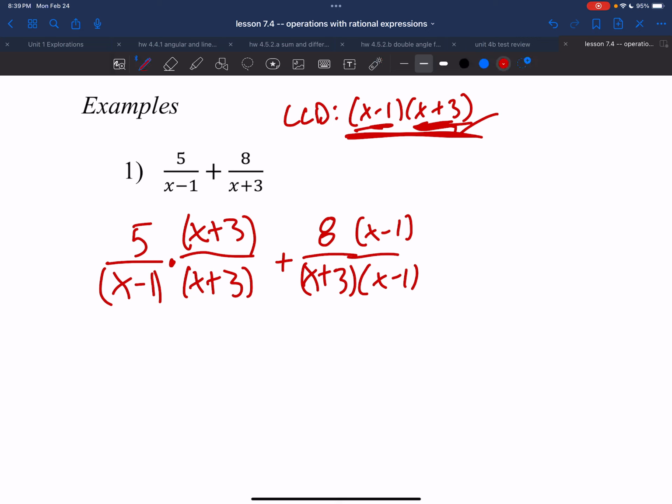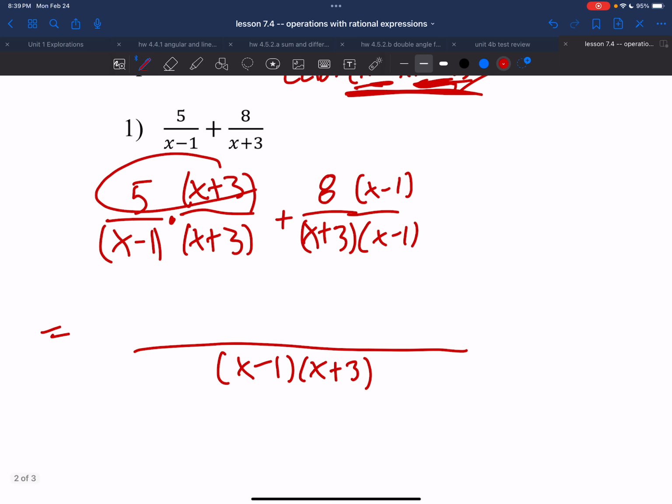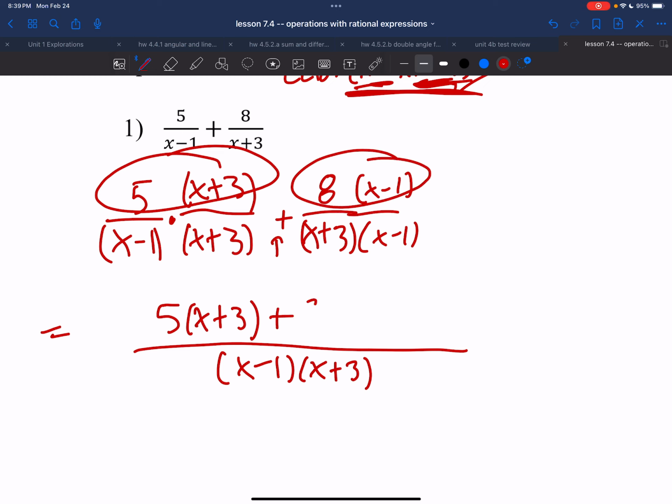On the next step, you know that the common denominator is x minus 1 and x plus 3. So what's the numerator? Well, you multiply this numerator, 5 times x plus 3, and plus, because of that plus sign, 8 times x minus 1.